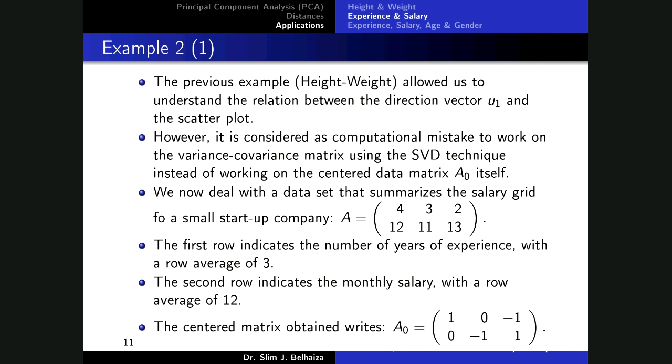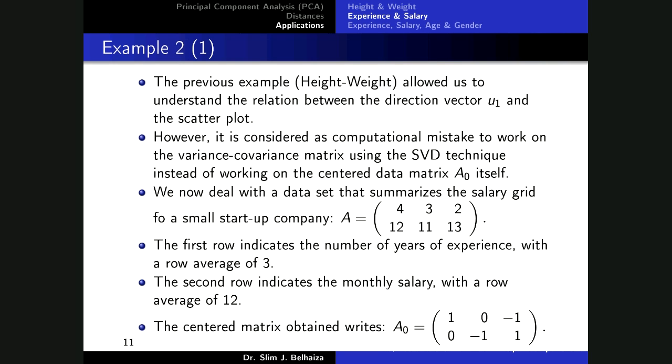So in our case here, we are taking data from a small startup company where we have two rows. The first row indicates the number of years of experience for each one of the employees. And the second row represents the monthly salary of each one of the employees. And of course, we are trying to analyze this data.